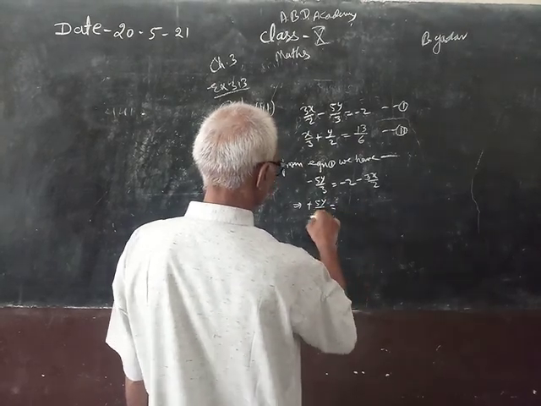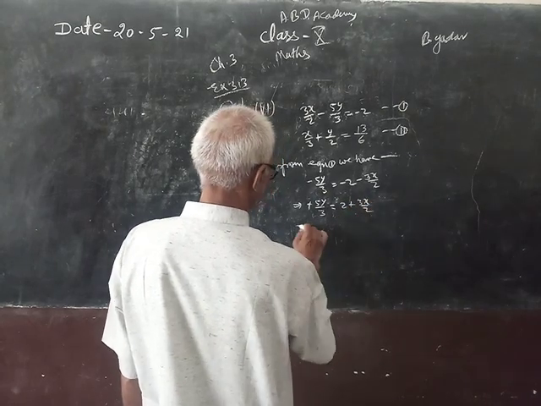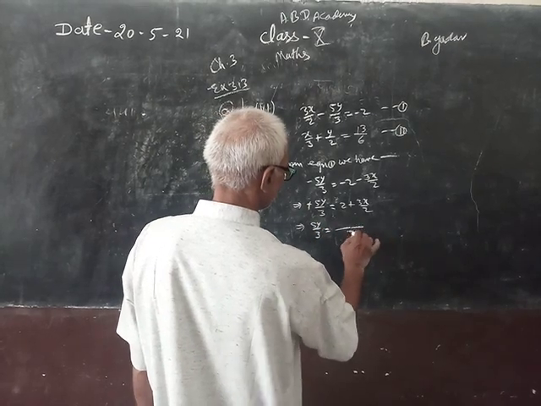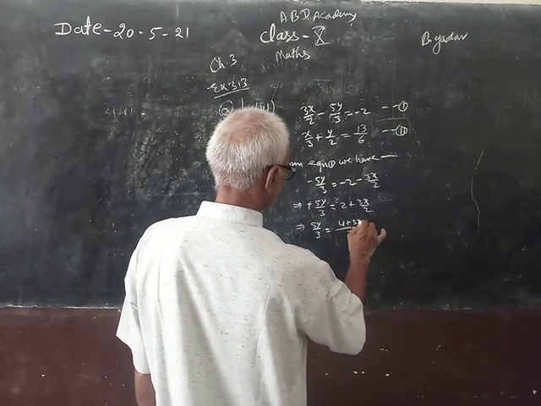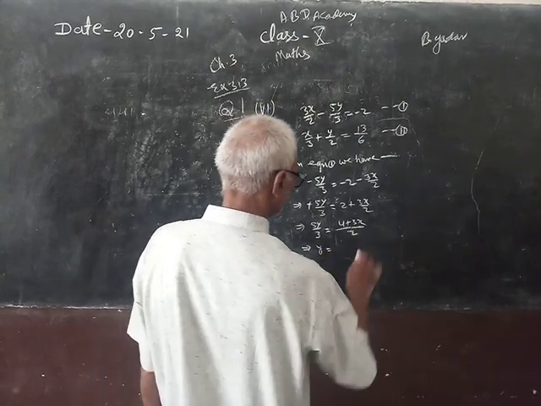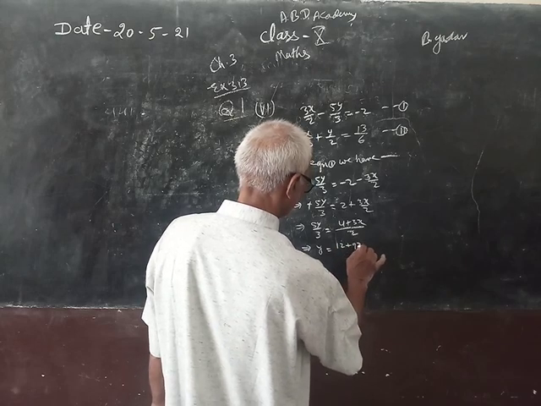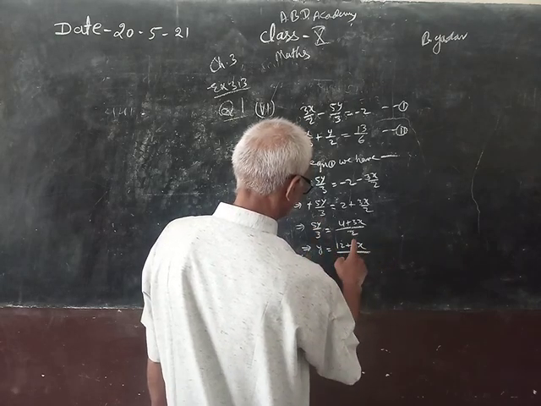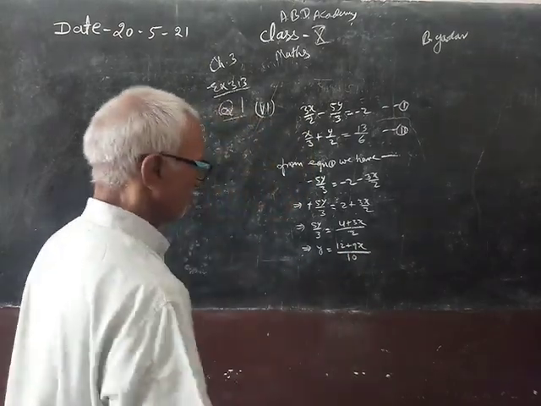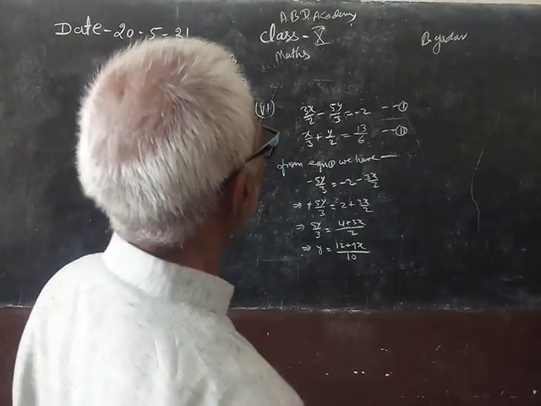Everywhere is minus, so let us make it plus. This implies 5y by 3 is equal to 2 plus 3x by 2. LCM is 2 here, so (4 plus 3x) by 2, which implies y is equal to 3 goes up, becomes (12 plus 9x) upon 5 into 2, that is 10. We get y is equal to (12 plus 9x) by 10.